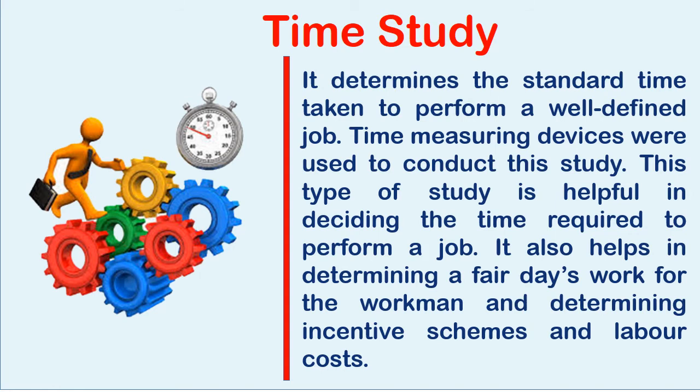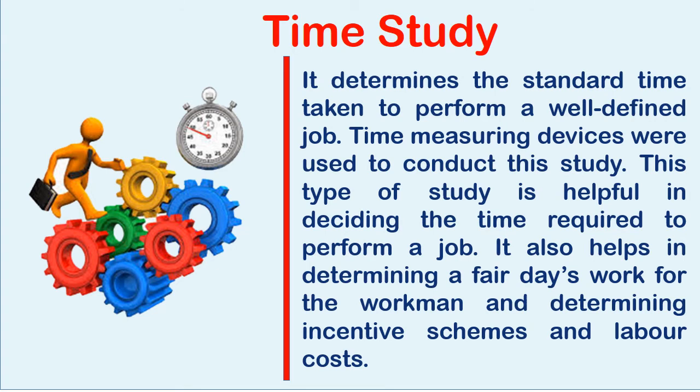So if he works for 8 hours, he will be able to produce 80 units. If the worker works for 26 days, he will be able to produce 2080 units. So here you can estimate work in days.